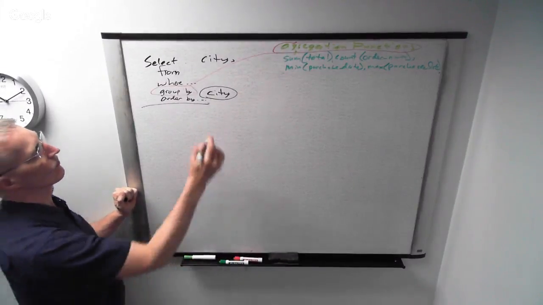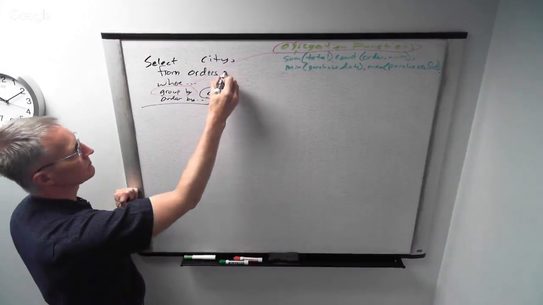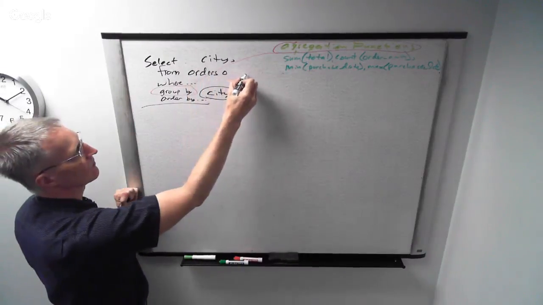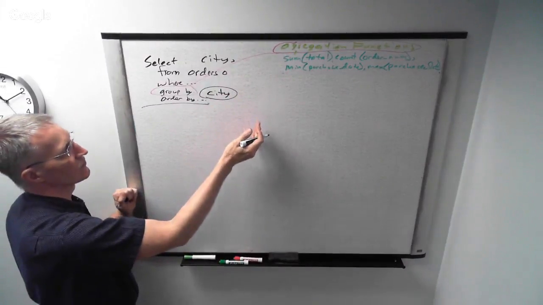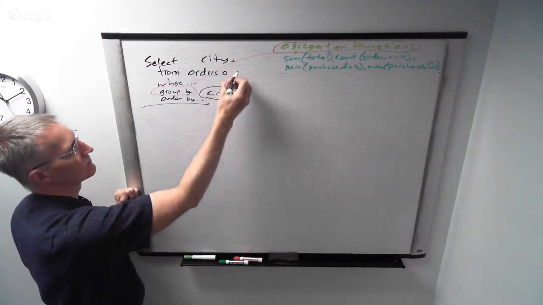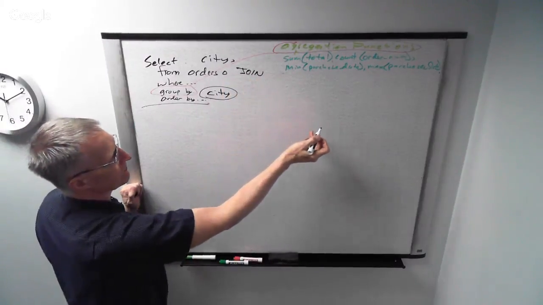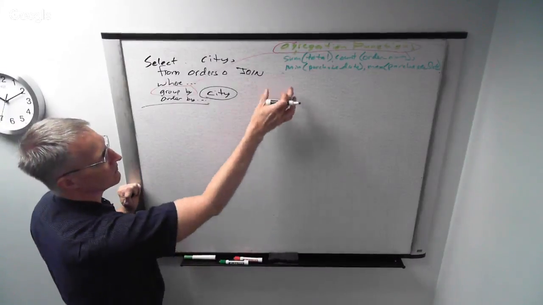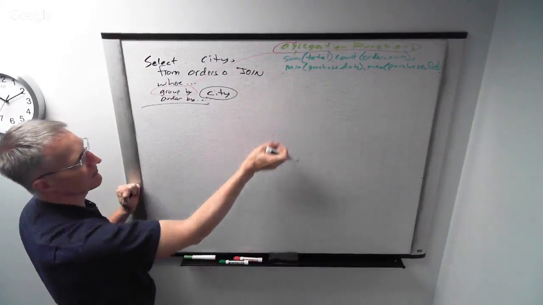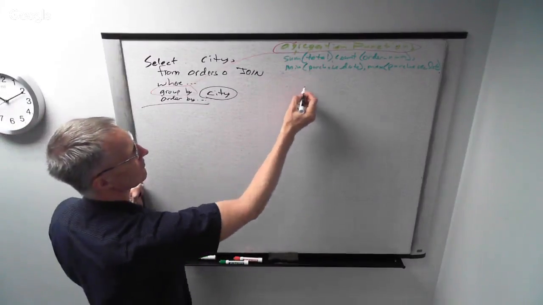Orders, customers. And the syntax was join. Join on. Not quite on yet, got to put the other table name in there. Join customers.